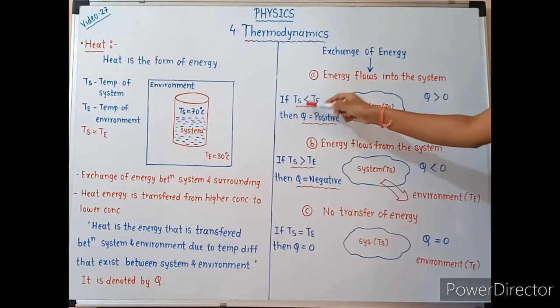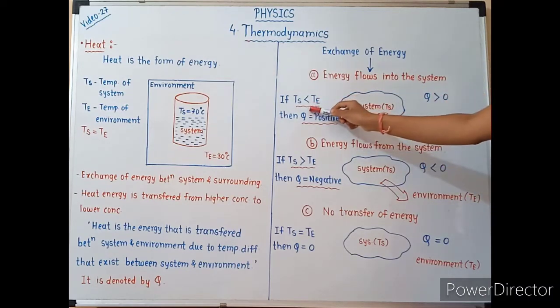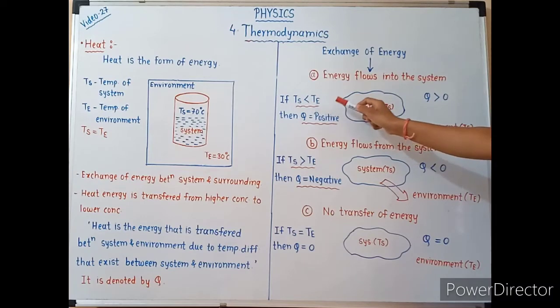If Ts is less than Te, then Q is always positive, that is Q is greater than 0.